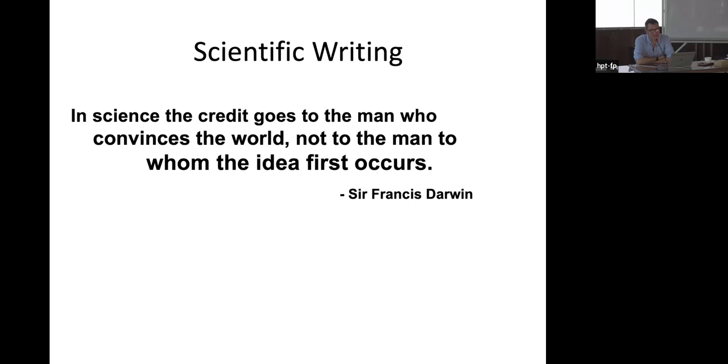Something that is also important, and I was commenting on it yesterday, is to have a clear idea of how you want to frame your research. I use this quote, perhaps it's a bit of a hard quote, but it also conveys a certain truth: often in science it's not only about having the idea, it's about how you present it, how you sell it, and by doing that, you can convince the world about something.